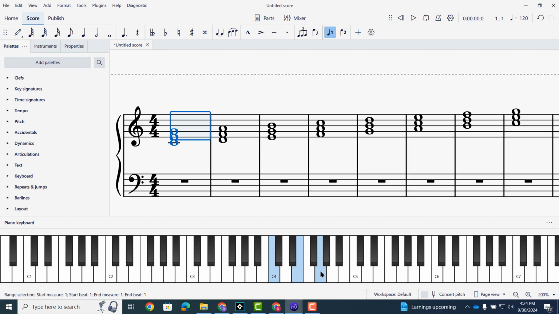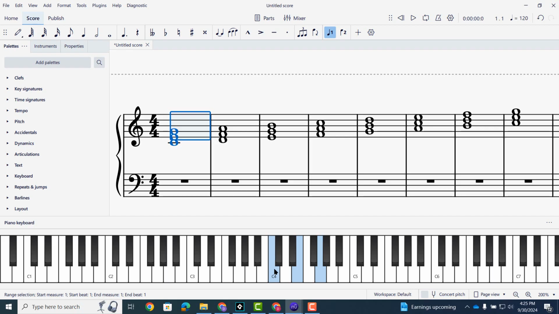Now, in previous classes, we talked about the difference between a whole step and a half step. On a piano, a half step is just the next key. So sometimes there's a black key, sometimes there's not, right? So right here, notice there's no black key, so a half step would be from here to here. But on those keys that have a black key next to it, it's just one key away.